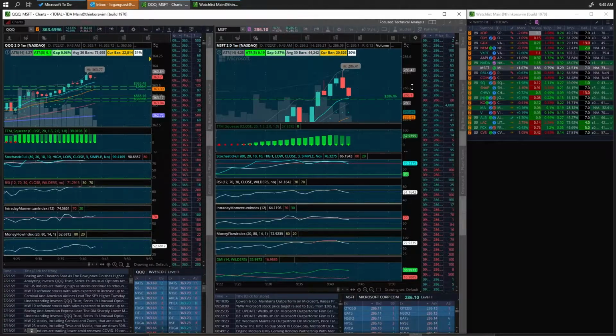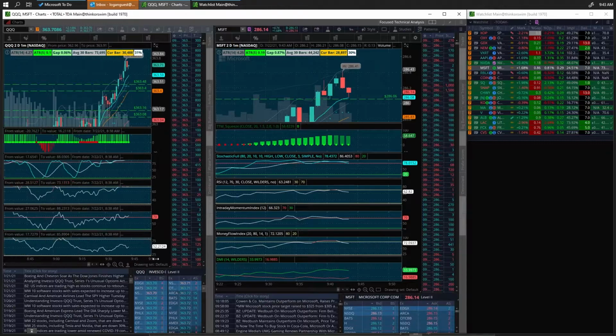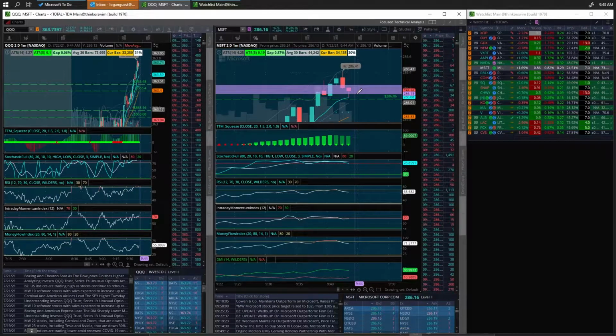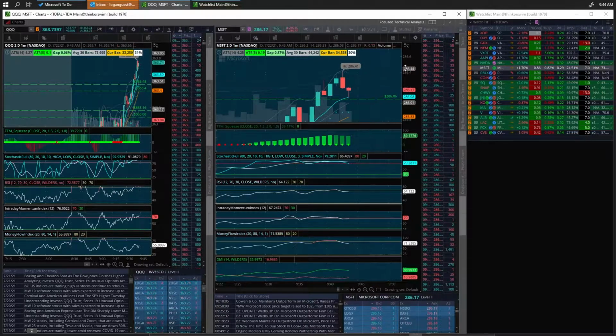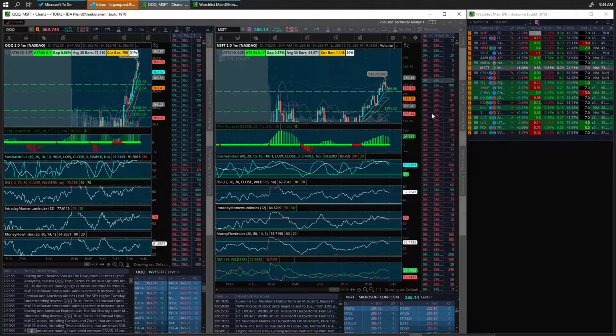But the way that I trade and the way that I capture these moves is by reevaluating all of these moves. So, and again, now QQQ does look like it might still hold itself. That could be great. And then we have a reversal candle coming in on Microsoft. See, it's constantly reevaluating the price and everything that's going on with the price action.